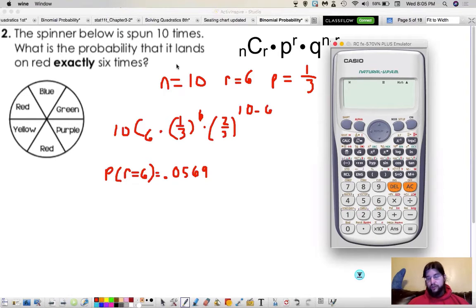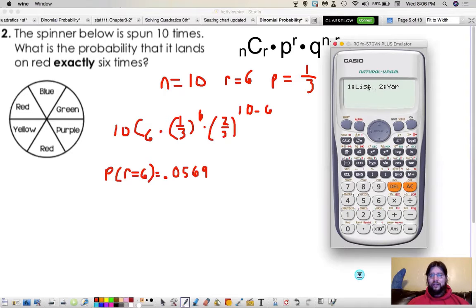Binomial is a type of distribution. So we're going to go to mode. I don't see distribution on here. Well, you see this little down arrow? Hit it. Distribution, number 3. And you see it's got another down arrow. We have 2 options: binomial PD and binomial CD. We'll talk about when to use which in a little bit. For now, just know if it's got an equal, you're doing PD.